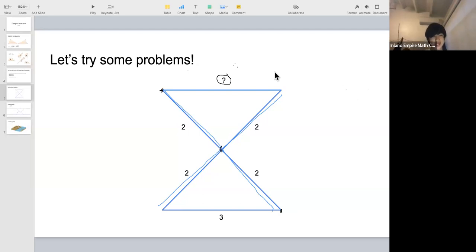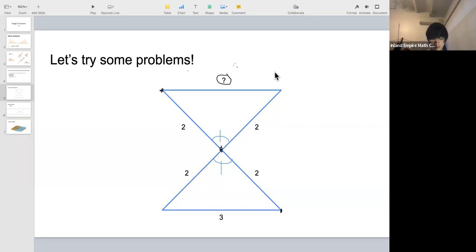So what that means is that there's a property which states that these 2 angles here are actually the same.